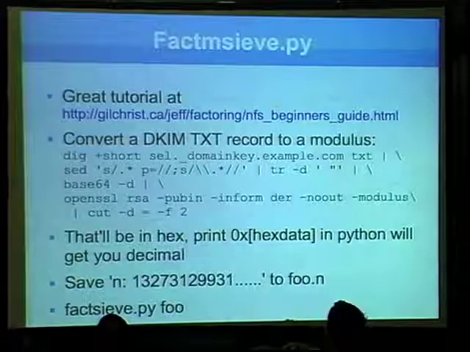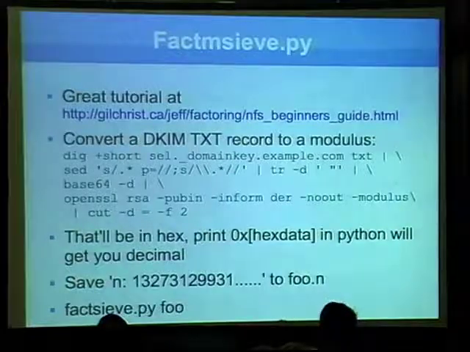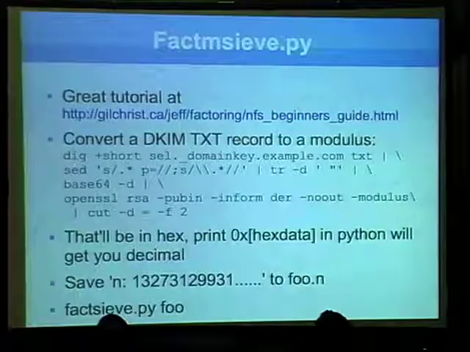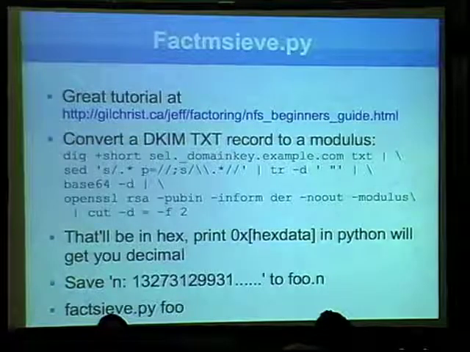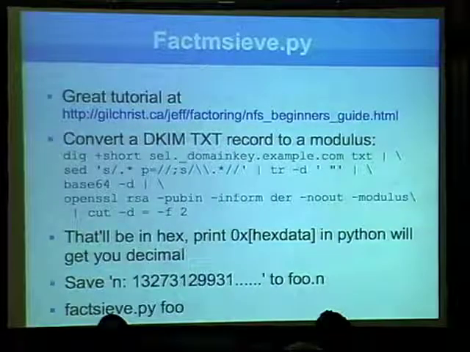That is how you would convert a DKIM text record to a modulus, except for the step where you turn it into decimal. Does that look fun to you? No, I don't think so. So when I was testing this out, I ran some commands like that.